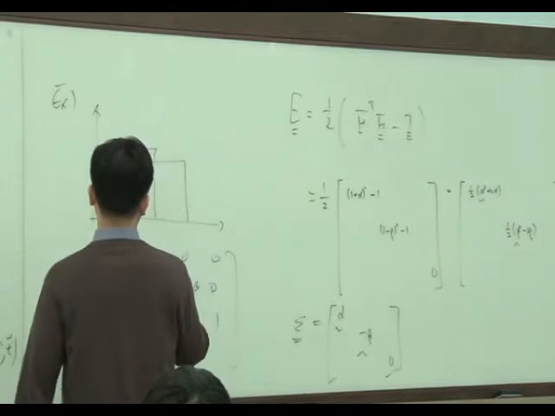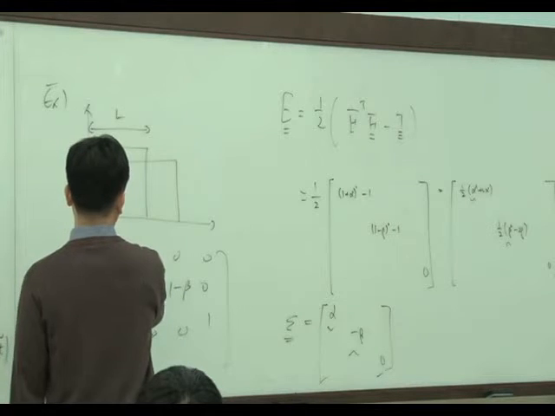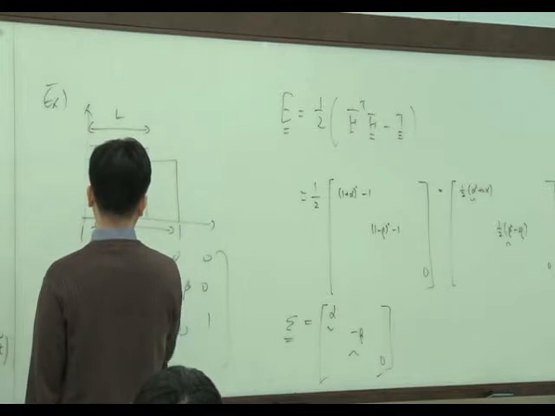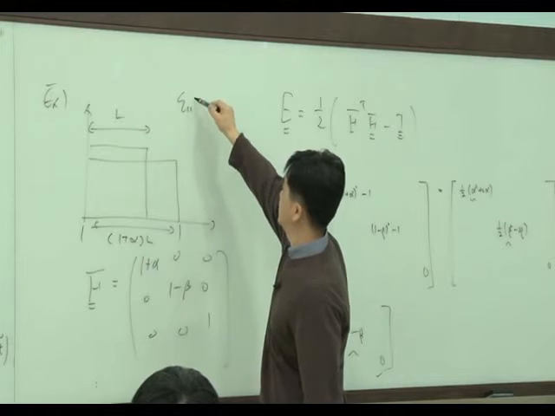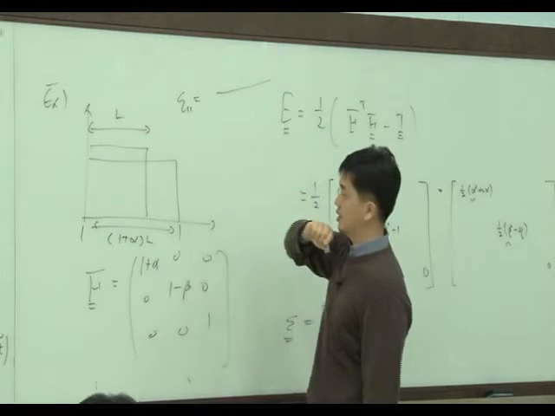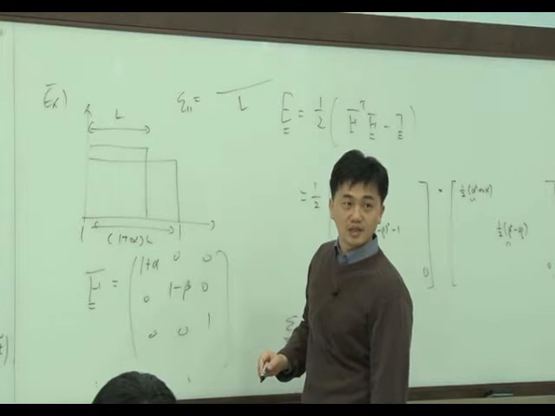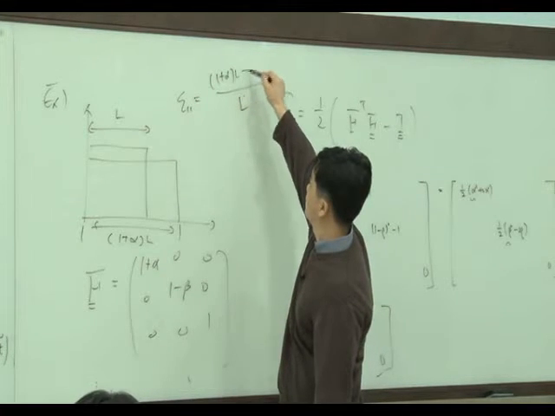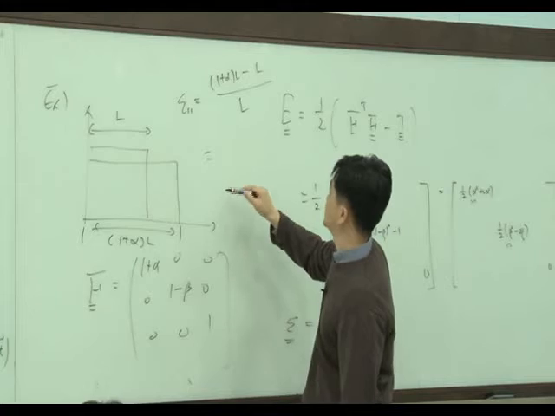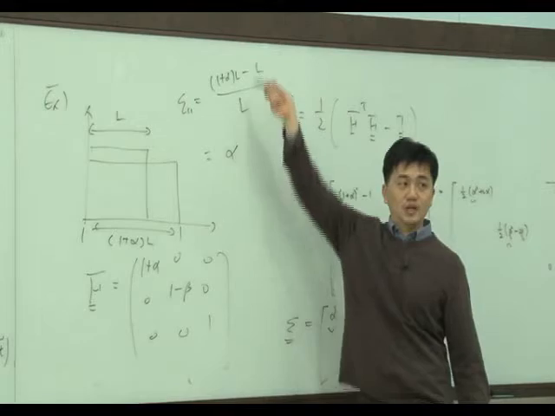You know the definition of a strain. Originally we have a length L, okay? And the length increased. The final length is 1 plus alpha times L. So we can calculate the strain: the final length minus the original length over the original length. What's this? This is just alpha. You know this definition, right?